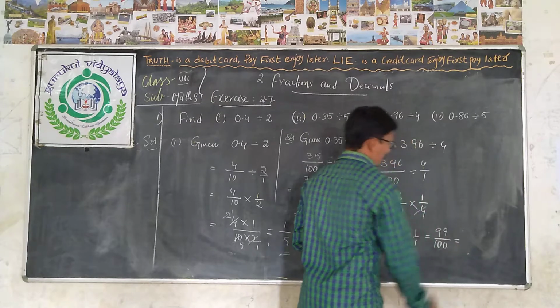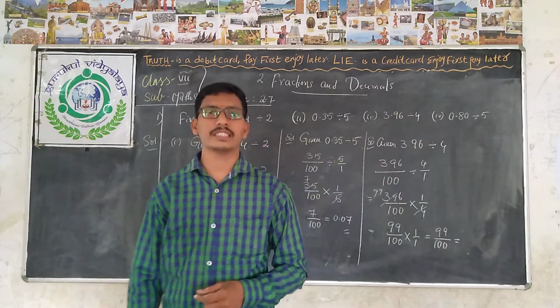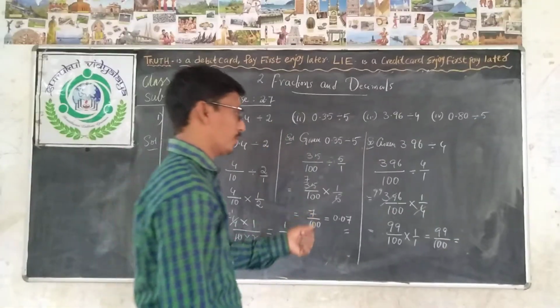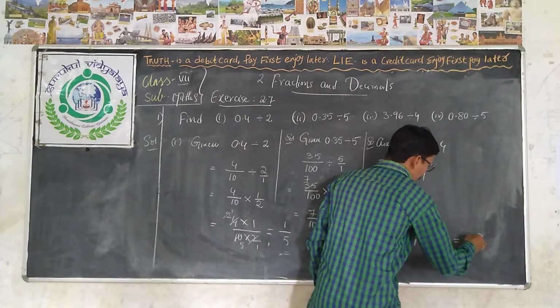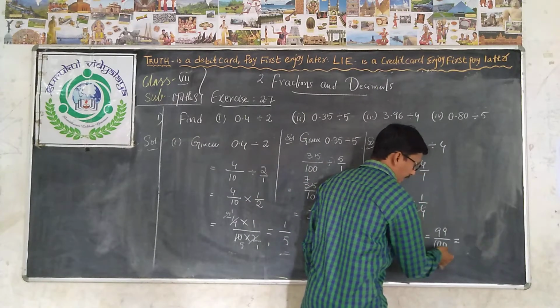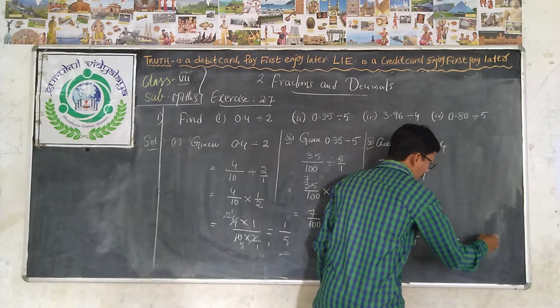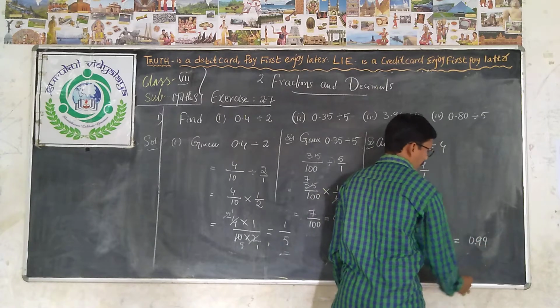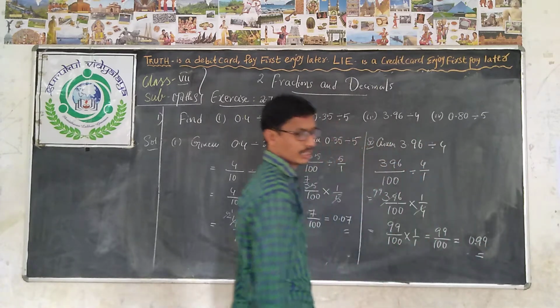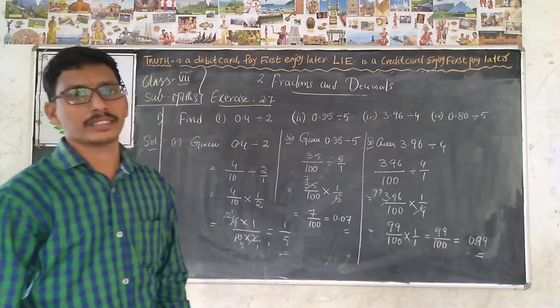What kind of fraction is it? A decimal fraction. So convert it into a decimal. Here there are 2 digits, so after 2 digits you can keep a point. What answer will you get? 0.99 is the answer.